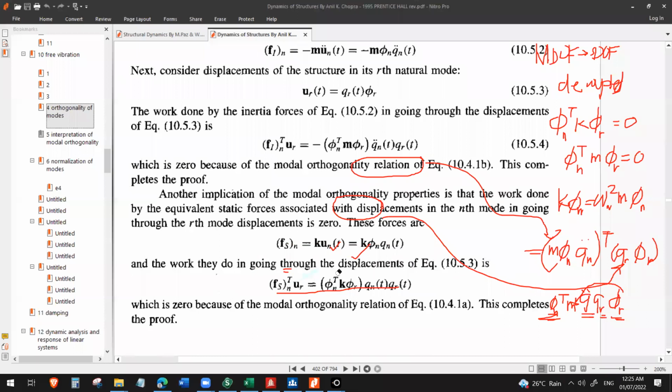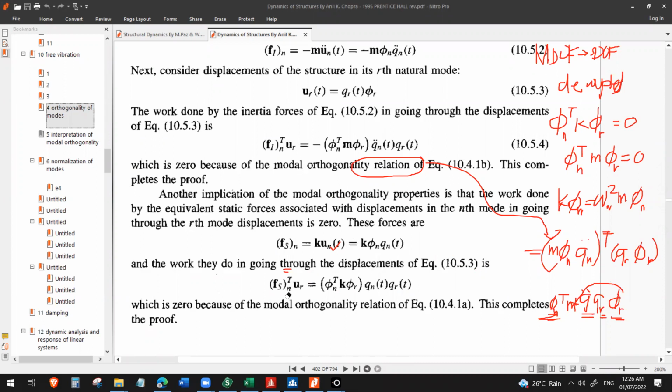So if we extend further yung concept na yon, another implication of the modal orthogonality properties is the work done by the equivalent static force, no? Kanina inertia force, mass times acceleration. Ito naman static force, F sub s, is equal to K phi n Q sub n. Okay.